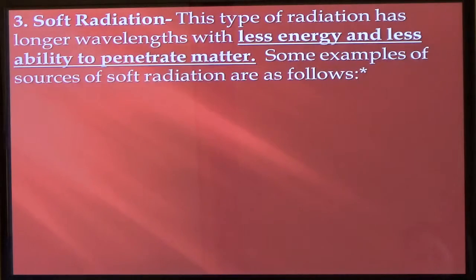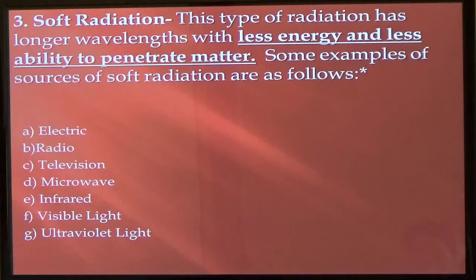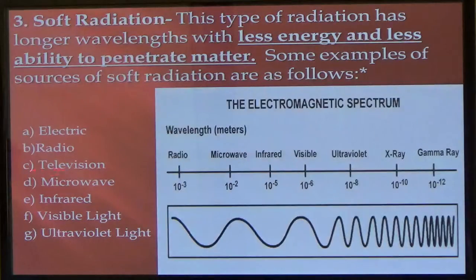Then you have soft radiation. That's a longer wavelength, and longer wavelength is not as strong. So hard radiation is short and rapid firing. Soft radiation is long waves and not as strong, so less energy and less ability to penetrate. Examples of soft radiation are electric, radio, television, microwave, visible light, and ultraviolet light.